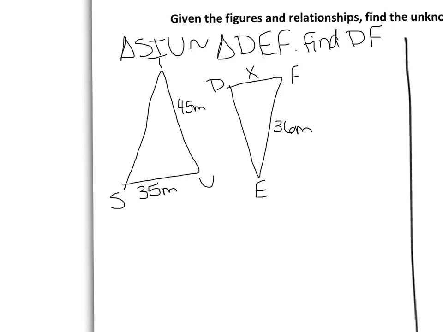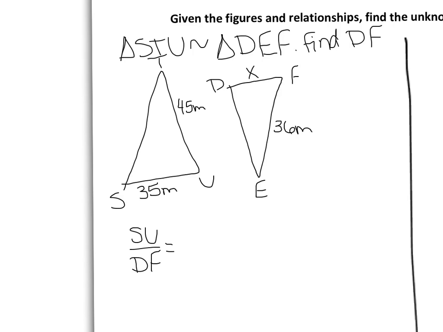So let's start with side SU. We need to find its corresponding side in my other triangle. Now remember, we need to look where those letters fall. It's the first and the last letter in my name, so I'm looking for the first and the last letter in my other triangle. So SU corresponds to DF.